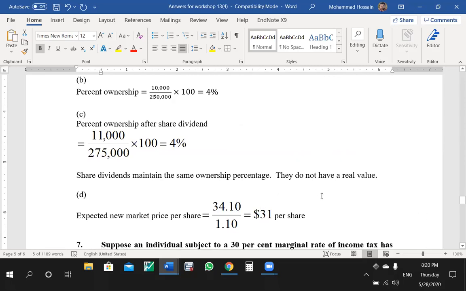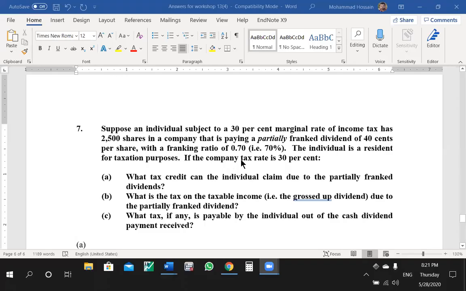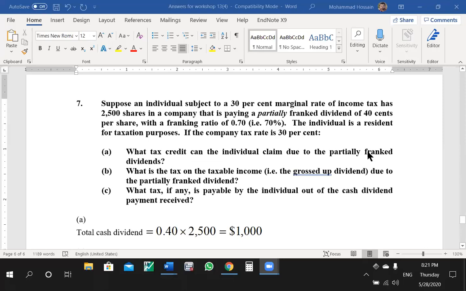Next. Suppose an individual subject to a 30% marginal tax. Marginal tax means here the individual tax rate.